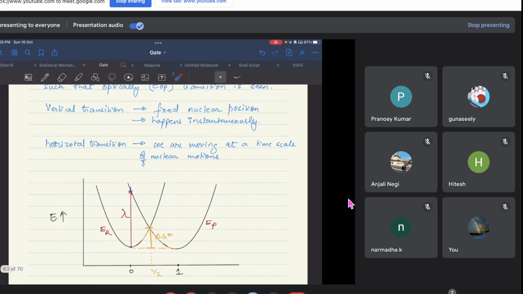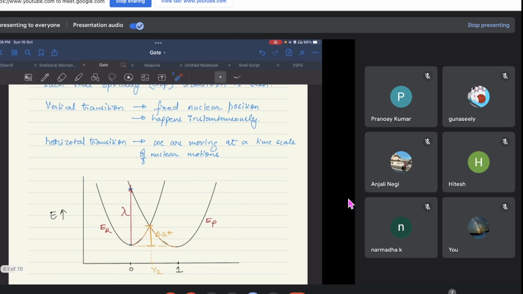And the horizontal transition that we have seen in the thermal reaction is at a time scale of nuclear motion, because you are moving along the reaction coordinate in a thermal transition, so that from your reactant you get the products.